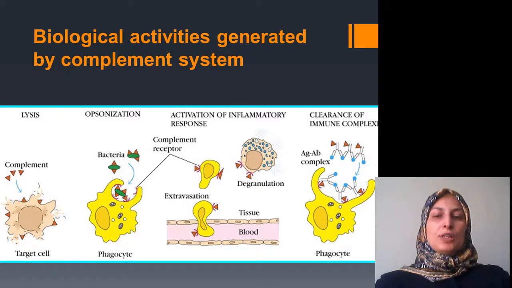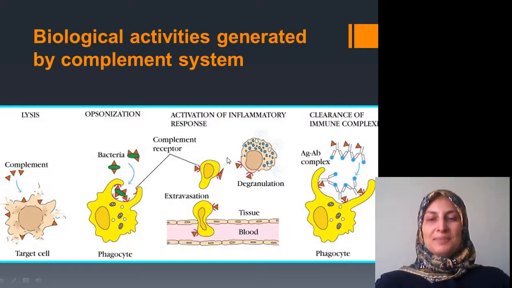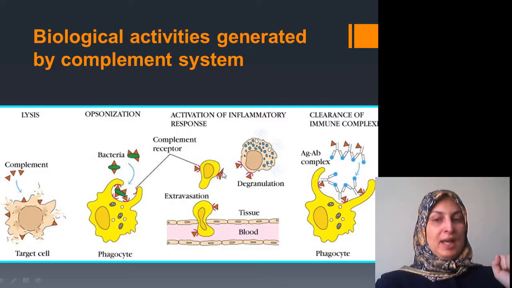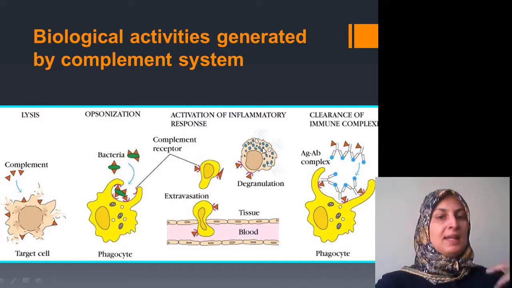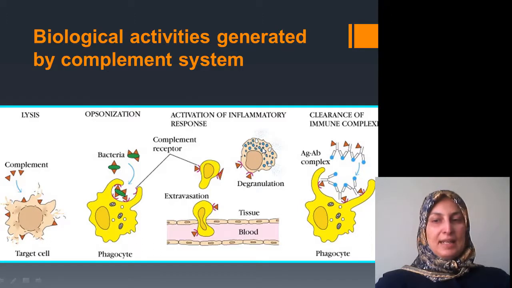It will attract these neutrophils to come out of the blood vessels and move toward the site of inflammation. It also will activate other white blood cells, for example mast cells, to start degranulation and produce histamine, creating an inflammatory response.